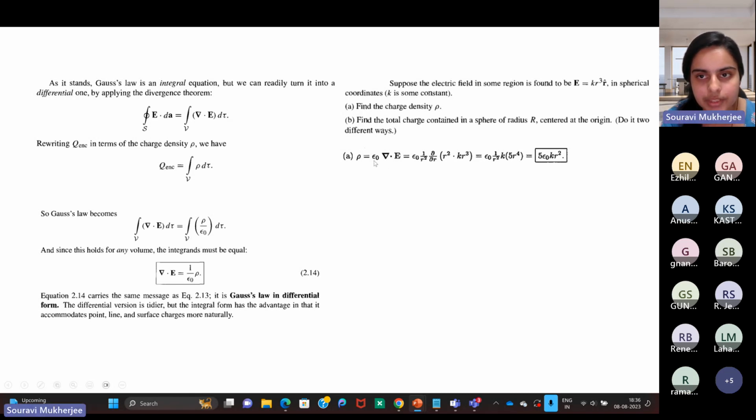And then you multiply by epsilon naught. So this is your rho. So now that you know the charge density, what are the two ways of finding the total charge? Any idea?